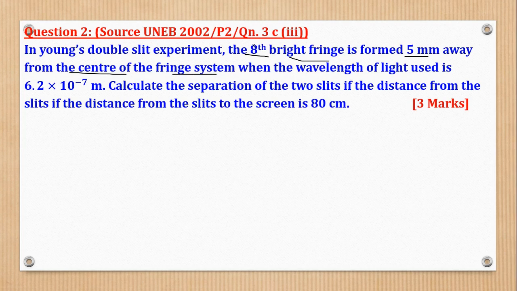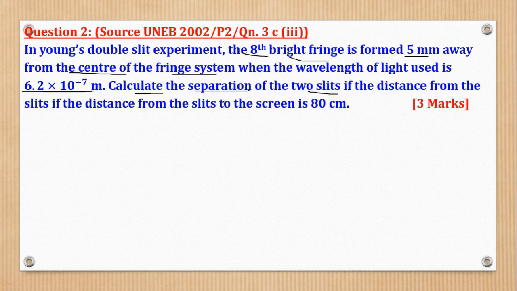So this is 8th, meaning this is the value of y8. When the wavelength of light used is this, so this is the value of lambda. Calculate the separation of two slits, that means the value of small d.